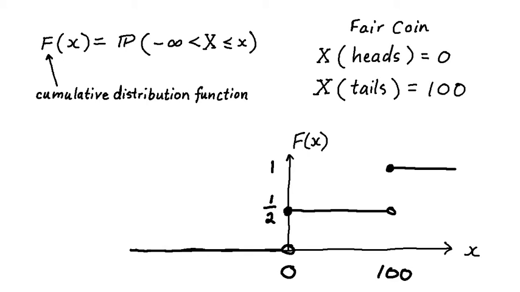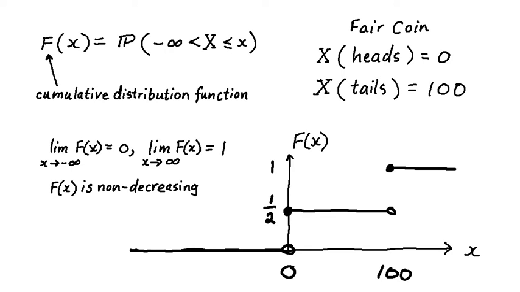This sketch illustrates the general properties of cumulative distribution functions. The limit as lowercase x goes to -infinity of the cumulative distribution function is 0, and the limit as lowercase x goes to +infinity of the cumulative distribution function is 1. The cumulative distribution function is also non-decreasing and is right continuous.